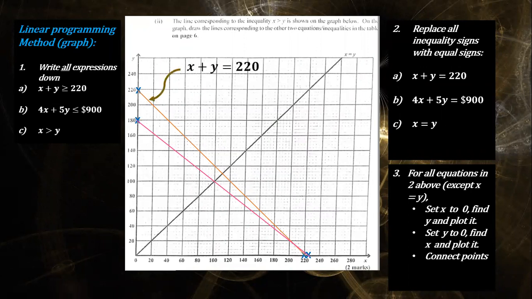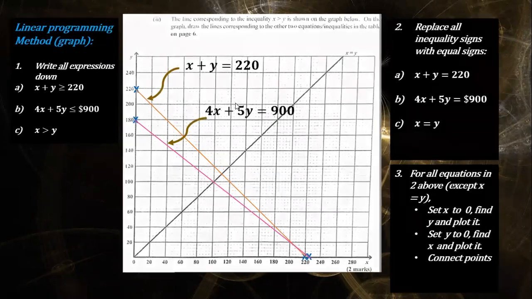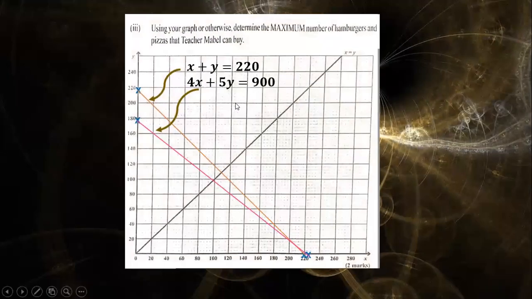Don't forget that's line x plus y equals 220, and this is line 4x plus 5y equals 900. And now it says use your graph. Using your graph or otherwise determine the maximum number of hamburgers and pizzas that teacher Mabel can buy.